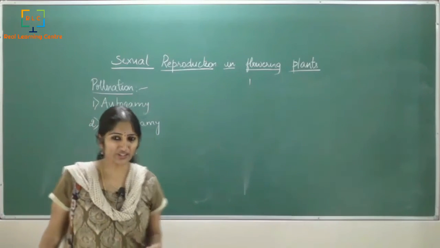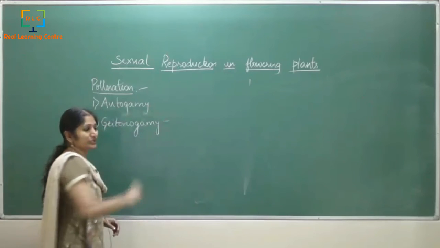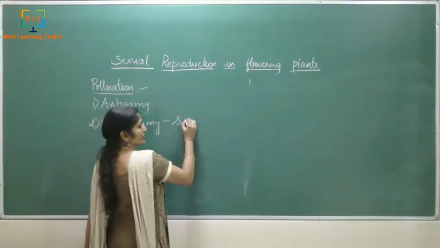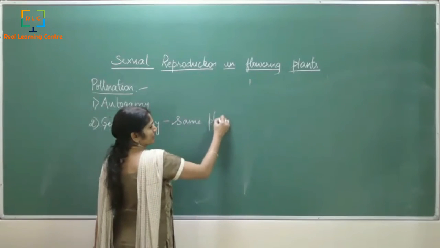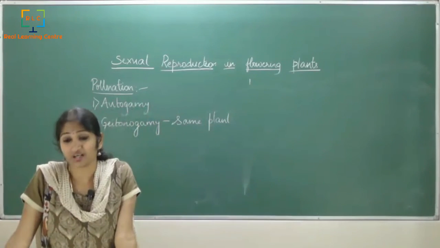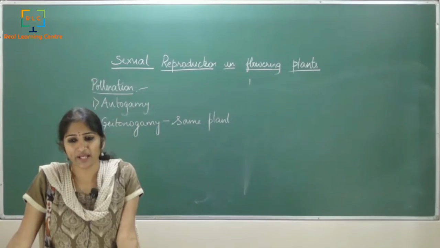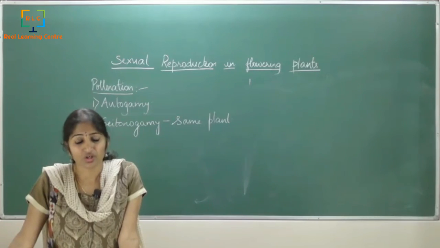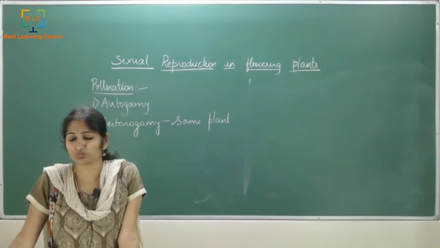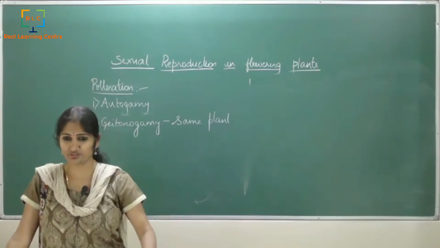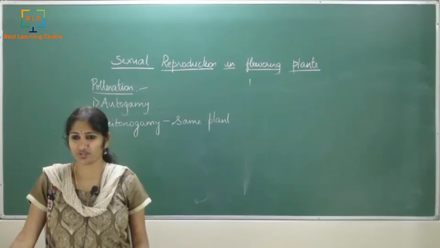But now there is one condition here. In geitonogamy, the flowers have to be from the same plant. Just to give you one example here, look at the beauty of our nature. A plant generally, if it has the ability to flower many flowers, you see that all the flowers would bloom almost at the same time within a short period, say today, tomorrow, day after, or within 3-4 days.